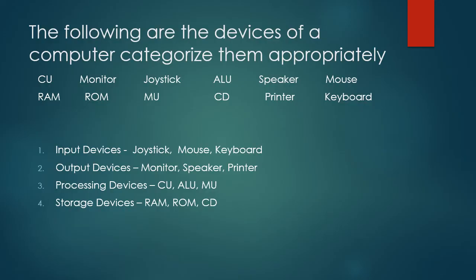CU is control unit. Second is monitor. Then we have joystick, ALU, speakers, mouse, RAM, ROM, MU, CD, printer, keyboard.